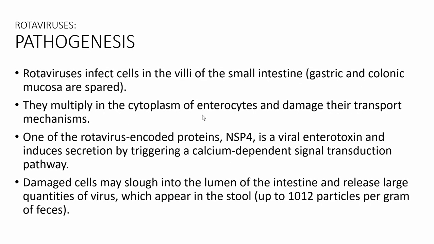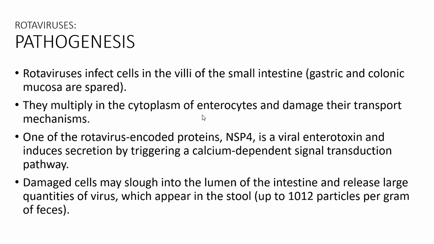For pathogenesis, they infect the cells in the villi of the small intestine, while the gastric and colonic mucosa are spared. They multiply in the cytoplasm of enterocytes and damage their transport mechanism. One of the rotavirus-encoded proteins, known as NSP4, is a viral enterotoxin which induces secretion by triggering a calcium-dependent signal transduction pathway.